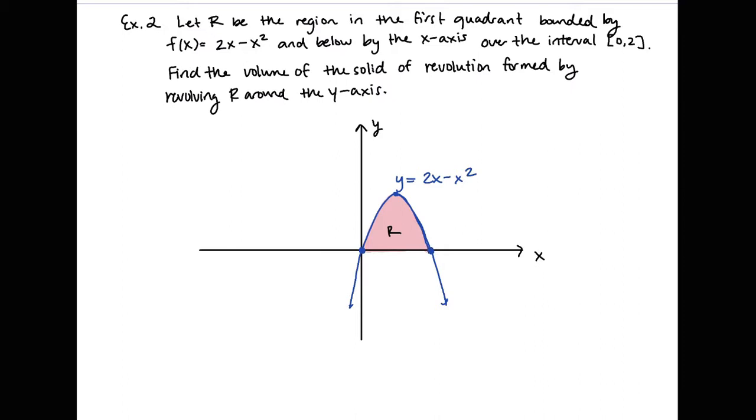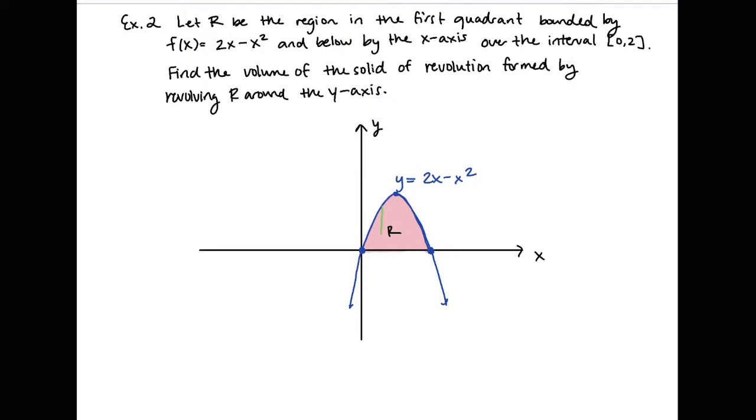Again, we're revolving around the y-axis, and I want you to remember we're going to use the shell method, because once again, if I try to do a rectangle the other way, perpendicular to my axis, and do it with discs and washers, I get a problem. I can't write this parabola as a function of y because it fails the vertical line test. So we've got to stick to shells.